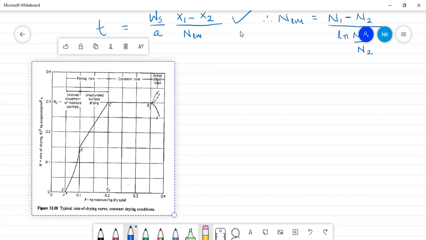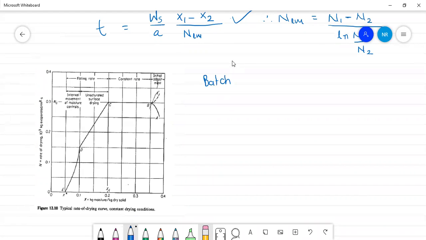The example is a batch of a solid for drying. The graph is given.